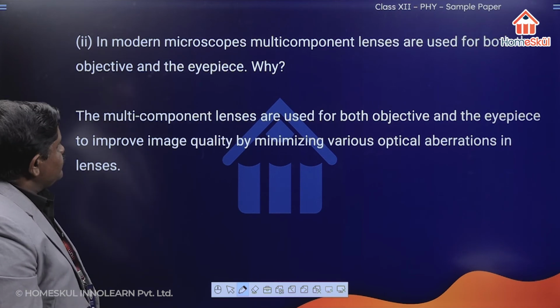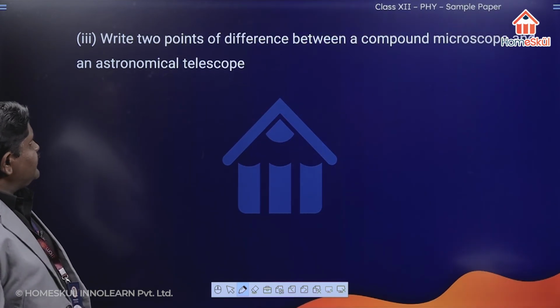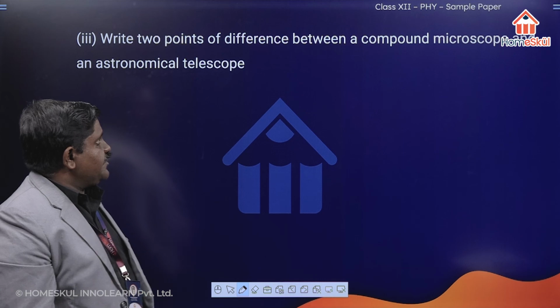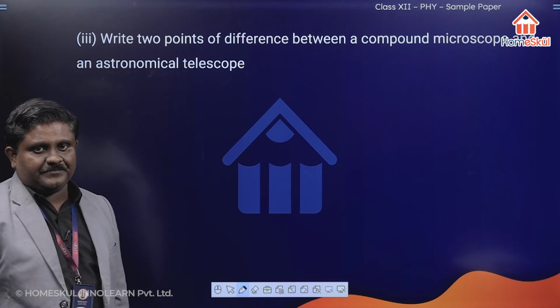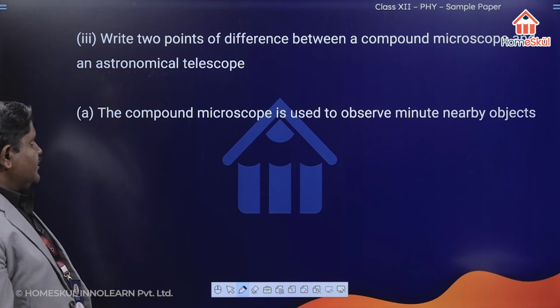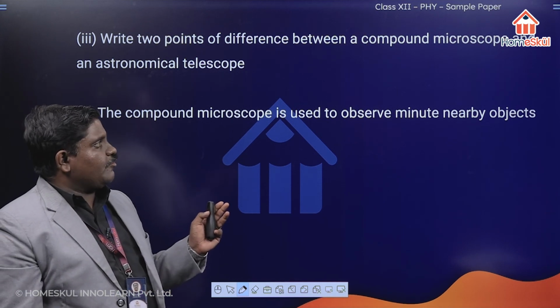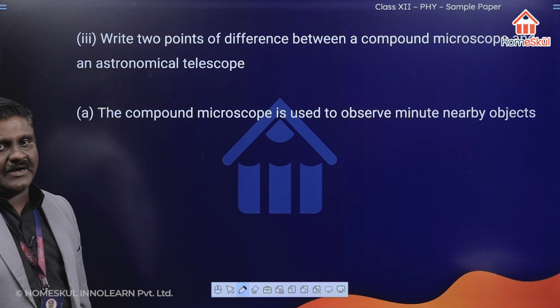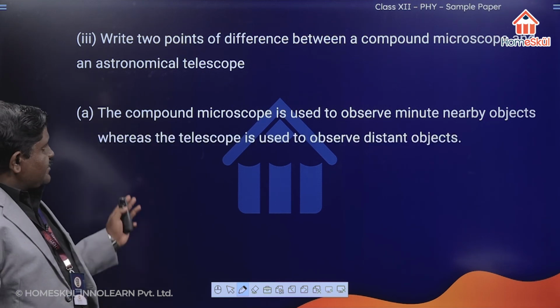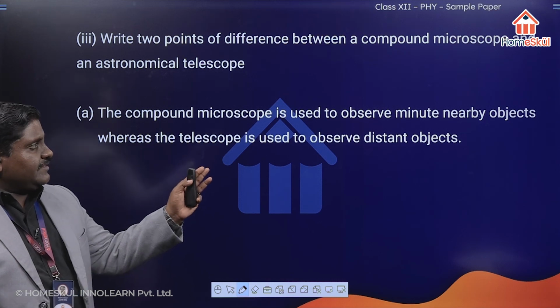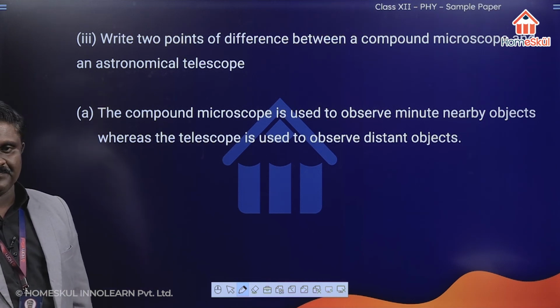So next one, write 2 points of difference between compound microscope and astronomical telescope. The first one, the compound microscope is used to observe minute nearby objects, whereas the telescope is used to observe distant objects.